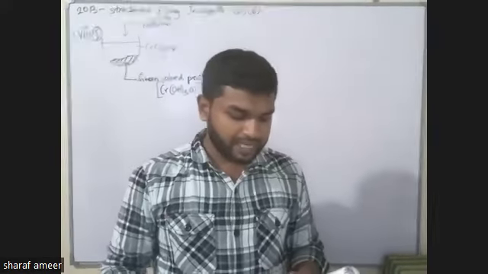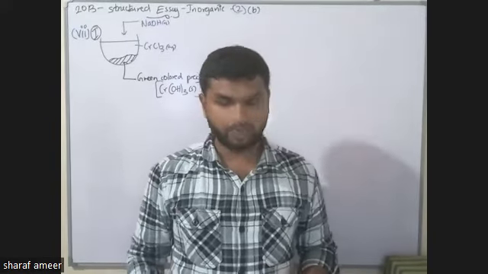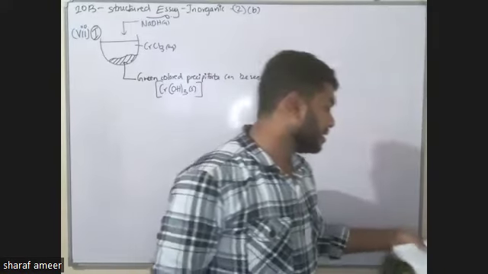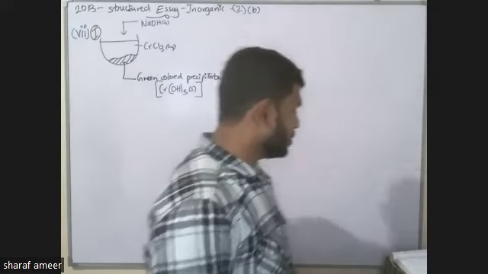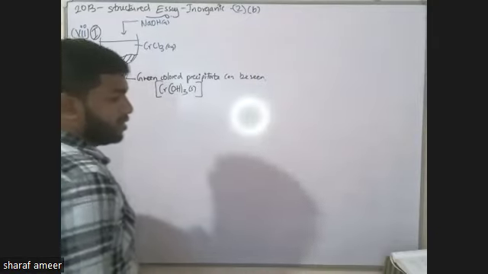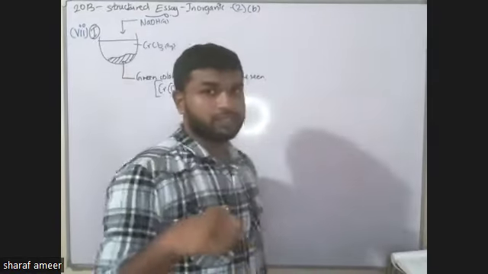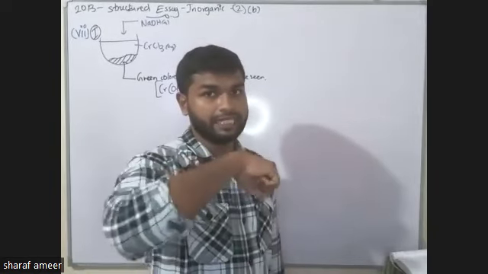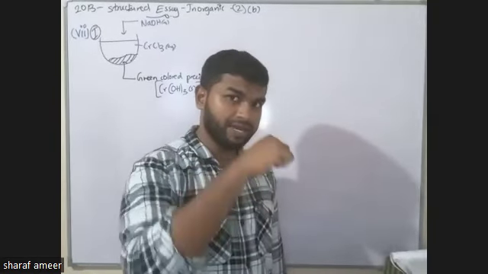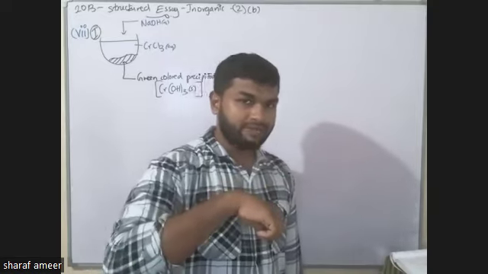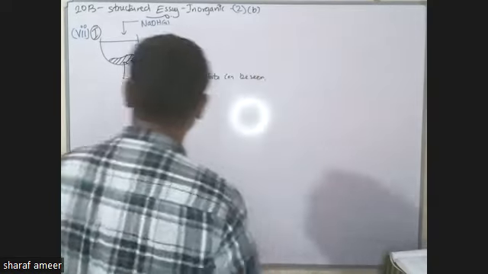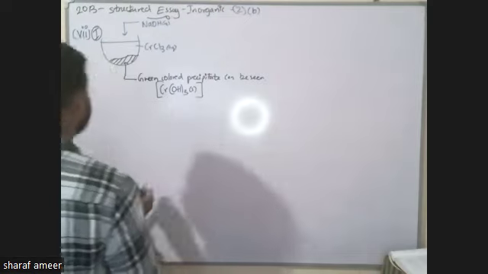Addition of excess dilute NaOH followed by H2O2 and then heated. Right. So what you are going to do is add excess dilute NaOH. As a result, what will happen? You will get the same thing, so you see a precipitate.